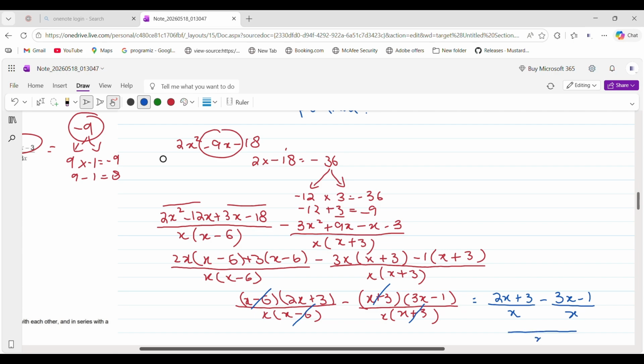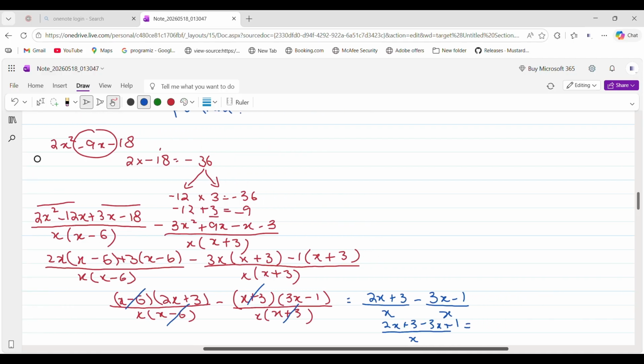X is common, okay, fine. 2x plus 3 minus 3x, and minus minus plus, right? So plus 1. Now you just have to simplify it. So 2x minus 3x is minus x. 3 plus 1 is plus 4, divided by x.